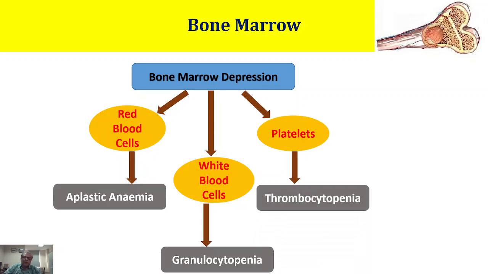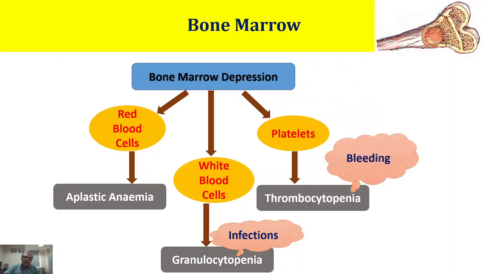We will discuss in detail. Because of granulocytopenia, and since WBCs are the major defense mechanism in our body, there is increased susceptibility to infections. And because of thrombocytopenia, there is an increased chance of bleeding.